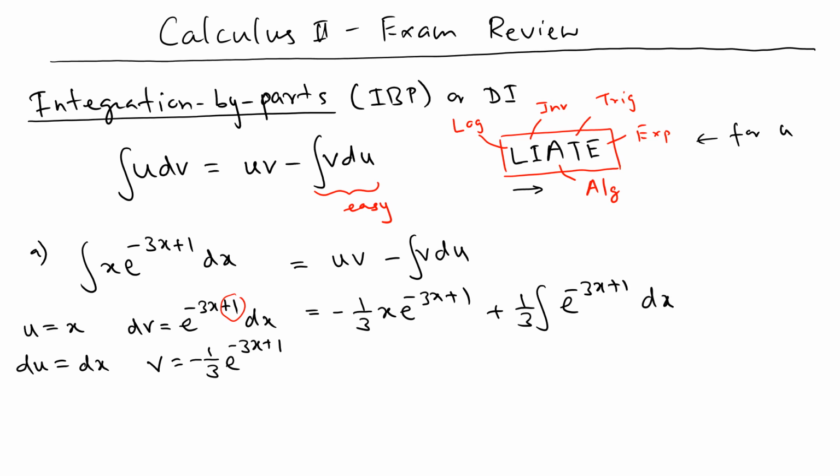That means you have to integrate this again. So you get negative 1/3 x e to the negative 3x plus 1. You can divide by negative 3 again, so you get negative 1/9 e to the negative 3x plus 1, plus c. So that's the answer.